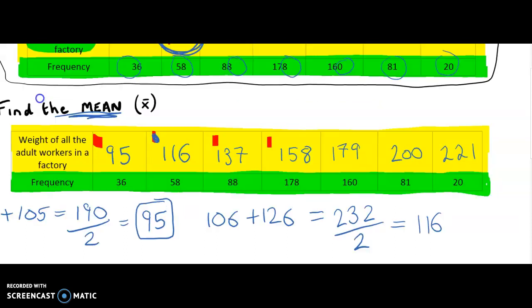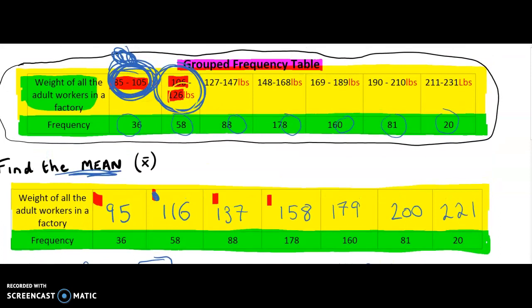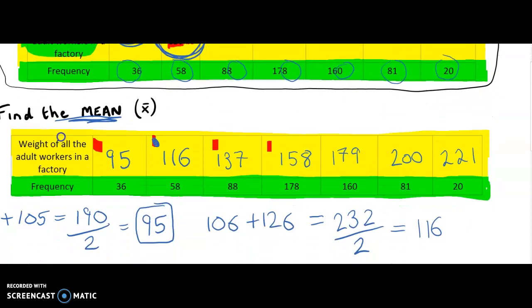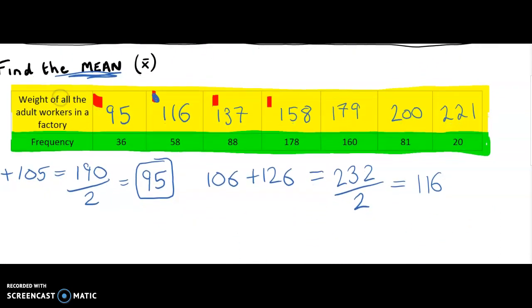I couldn't really use these figures up here to find the mean, whereas I can now using this table. So what do you do to find the mean? Now, ideally you use your calculator, so you know all the buttons on the calculator, and we'll go through that in a minute.